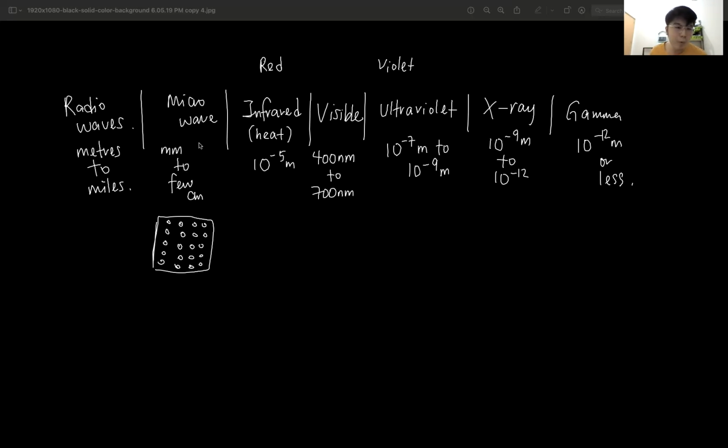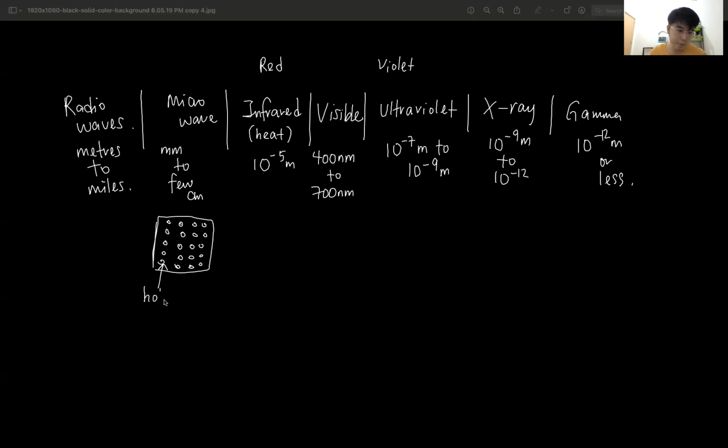The microwave wavelength is in millimeters, and you see the holes. Oh, sorry, let me put it again. The holes cannot be bigger than the wavelength of the microwave.